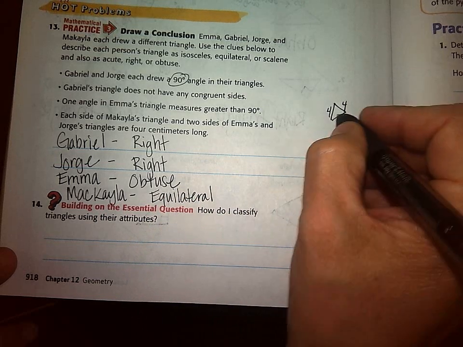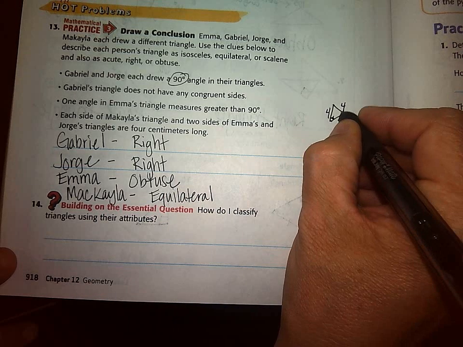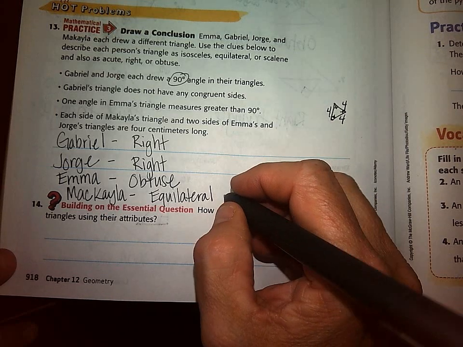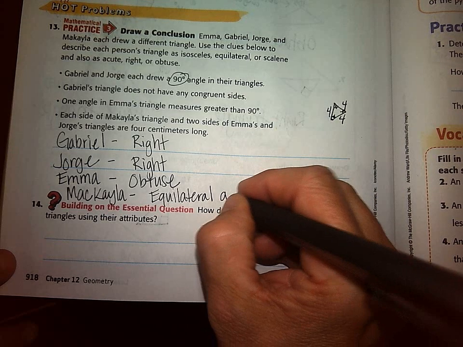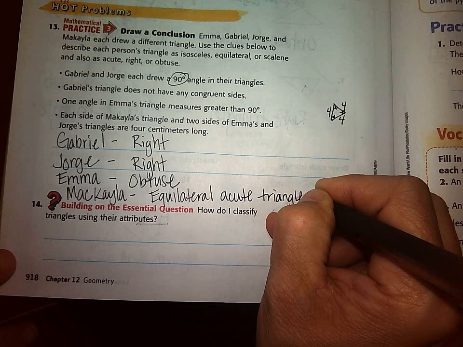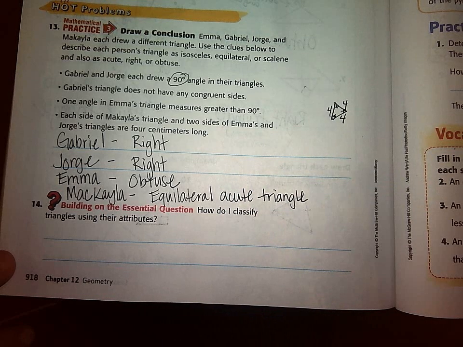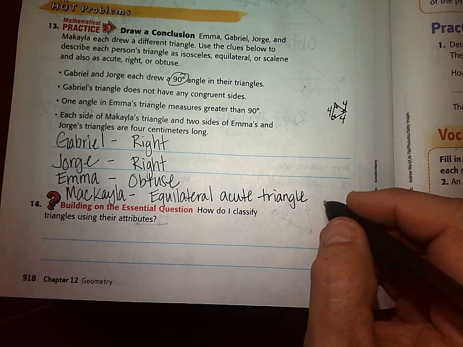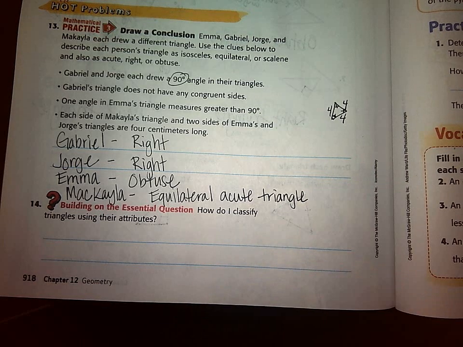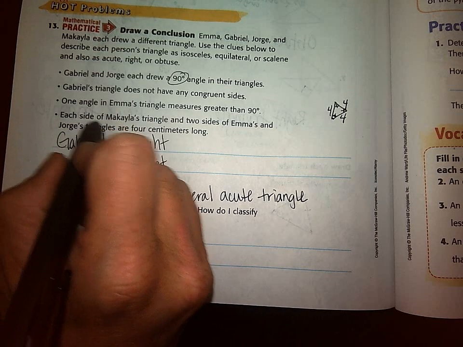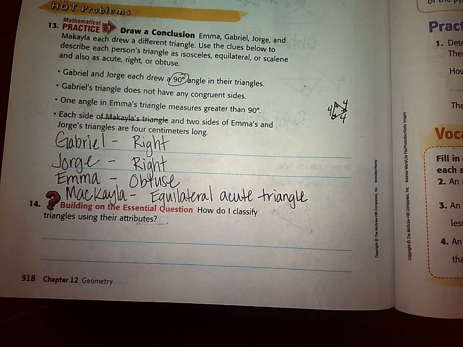And because those angles have to be equal, we know that it's also an equilateral acute triangle. Those angles are all 60 degrees. When we have an equilateral triangle, all the angles are 60 degrees. So they're all less than 90, they're acute. Okay, we're done with Michaela.